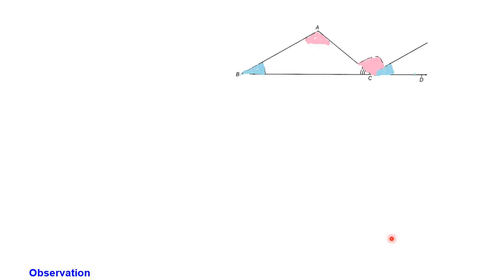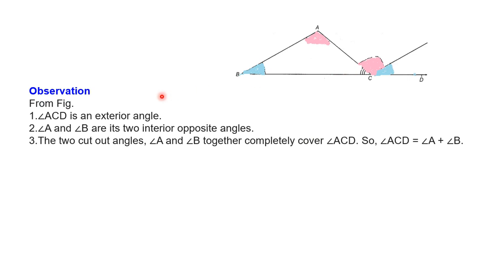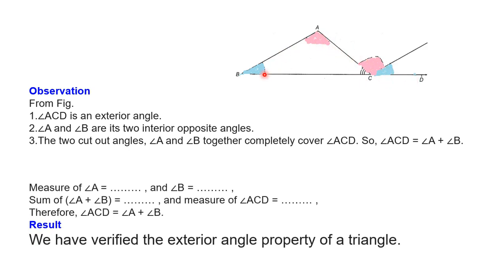So by this figure we observe that angle ACD is the exterior angle and angle A and B are the two opposite interior angles, and these cutouts of angle A and angle B completely cover the exterior angle ACD. So angle ACD is equal to angle A plus angle B.